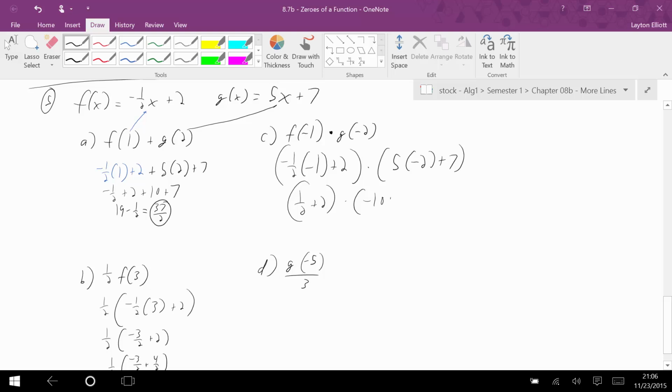This is negative 10 plus 7. 1/2 plus 2 is 5 halves. 5 halves times negative 3 is negative 15 halves. And then finally, g of negative 5 over 3 is the same as 5 times negative 5 plus 7 over 3, which is negative 25 plus 7 over 3, which is negative 18 over 3, or negative 6. And that's it.